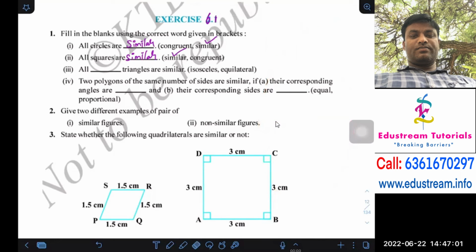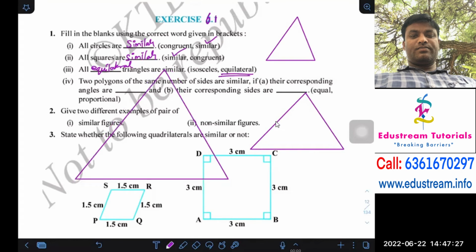Next, all equilateral triangles are similar. Example, see, this is an equilateral triangle, one more equilateral triangle and one more equilateral triangle. All these equilateral triangles are similar, not congruent.